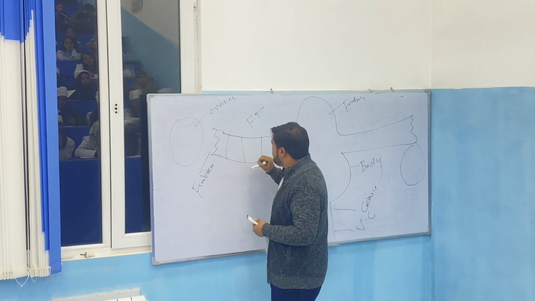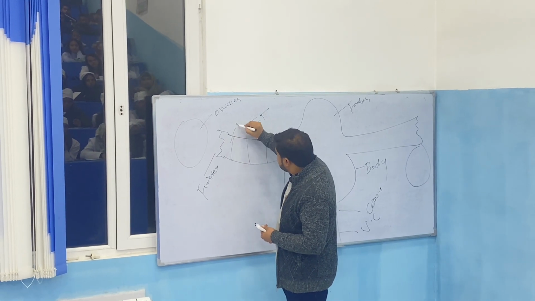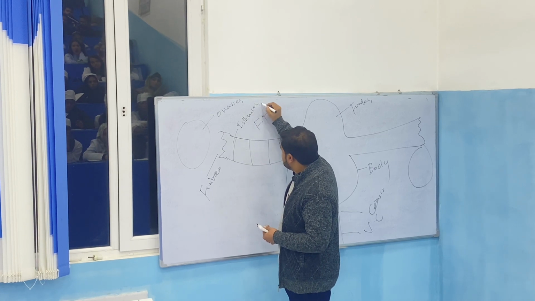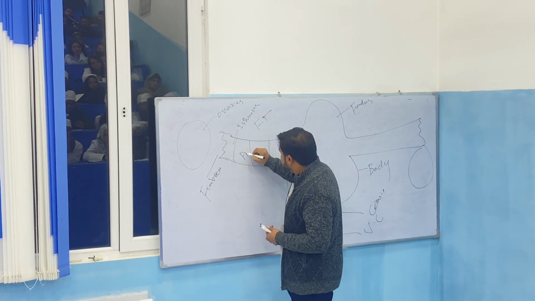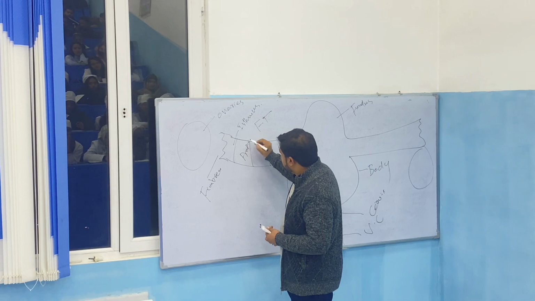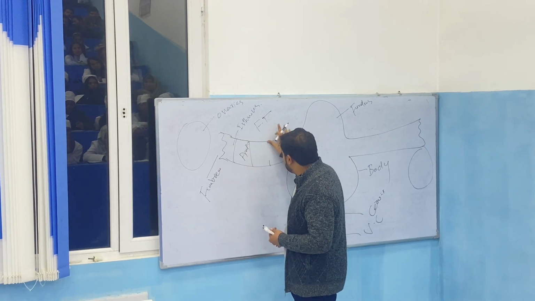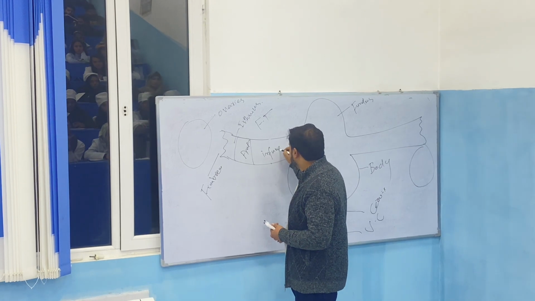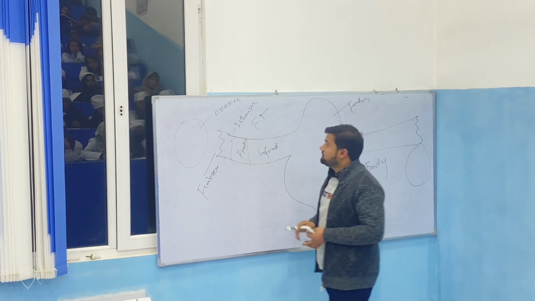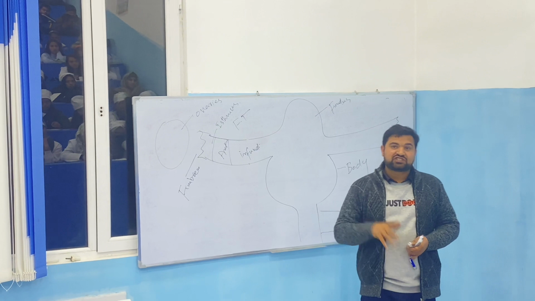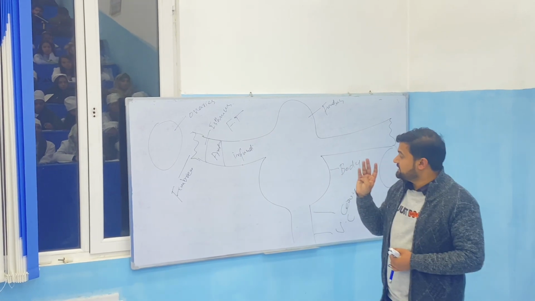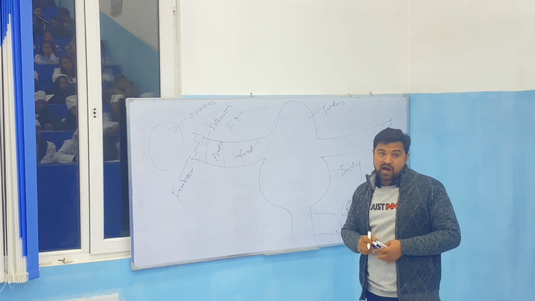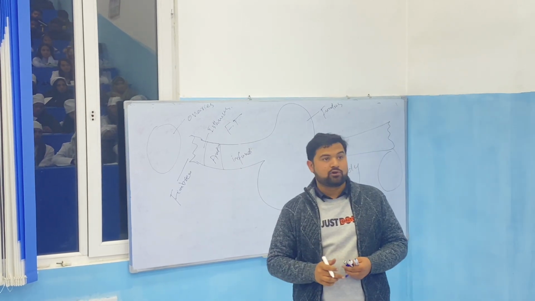The second part is the isthmus, then the ampulla, and the last part is the infundibulum. So the fallopian tube has four parts: fimbriae, isthmus, ampulla, and infundibulum.